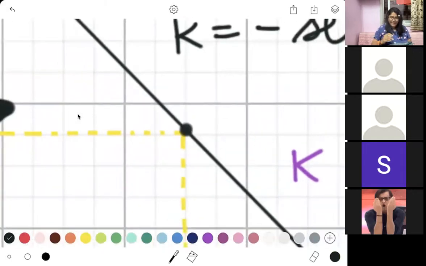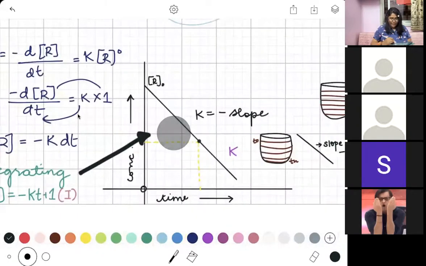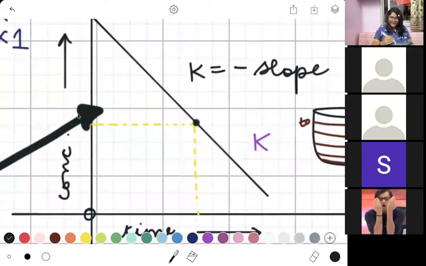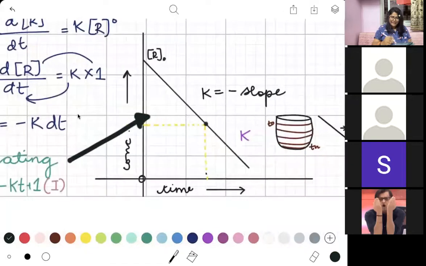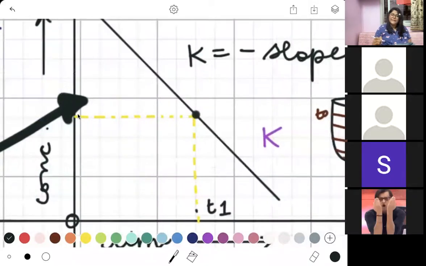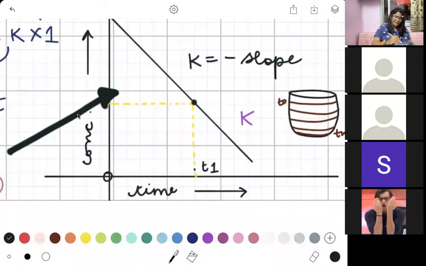So you would plot your graph in this way, you would draw a dotted line, and say at this particular time, let's call it my time 1, because my graph already has a linear progression and shows me a negative slope. If I take a particular point and join the two values at time 1, my concentration would be this.